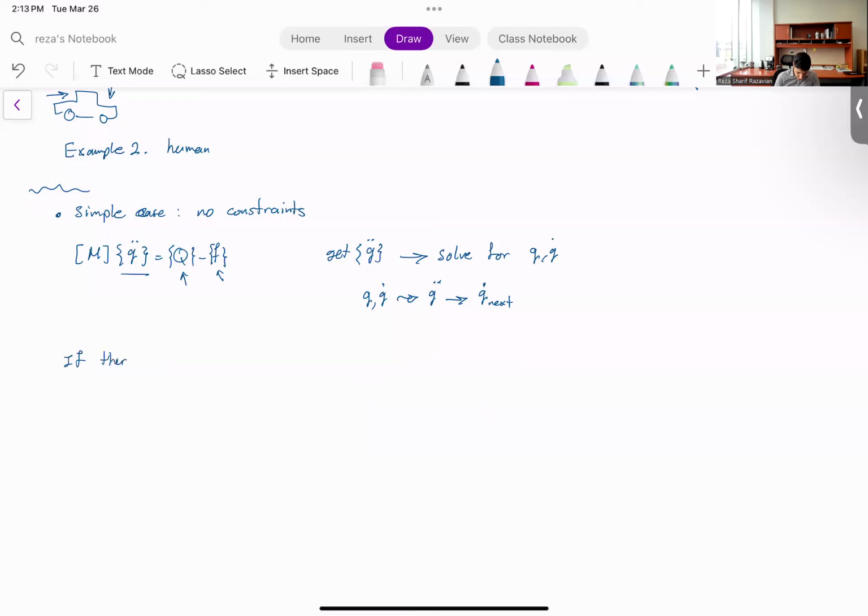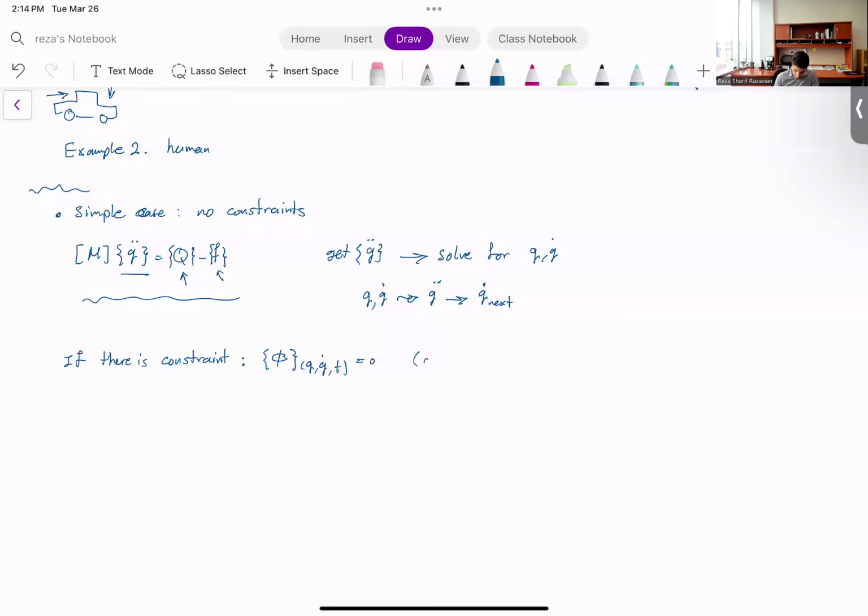If there is a constraint, you still get the same kind of equation, and you can calculate your Q double dots, but those accelerations are no longer independent. In addition to these, you also have to satisfy these constraints that are functions of your position, velocities, and maybe time. You also have to satisfy these algebraic equations.